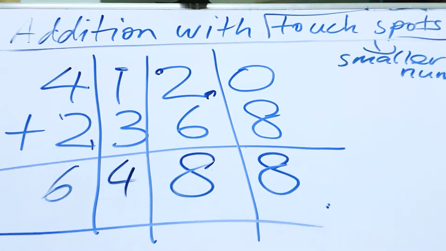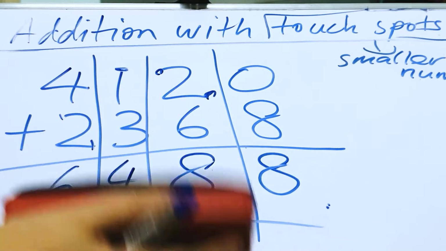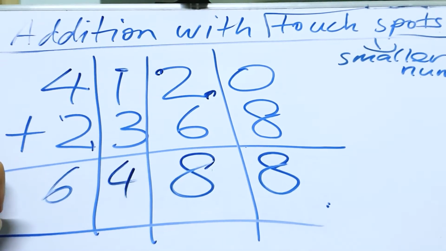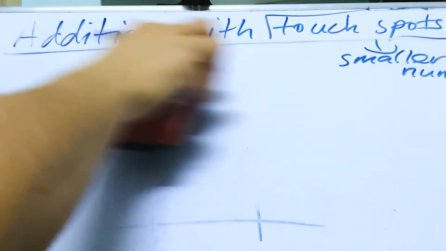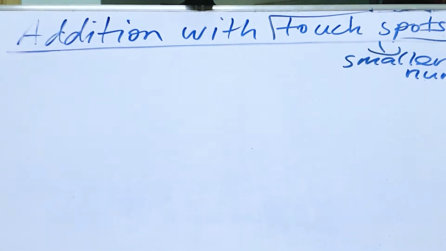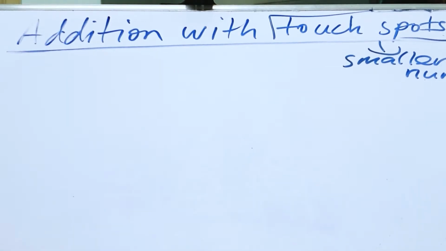Never mind, you can slowly teach your children, from one number to double digits, triple digits, and then 4 digits.